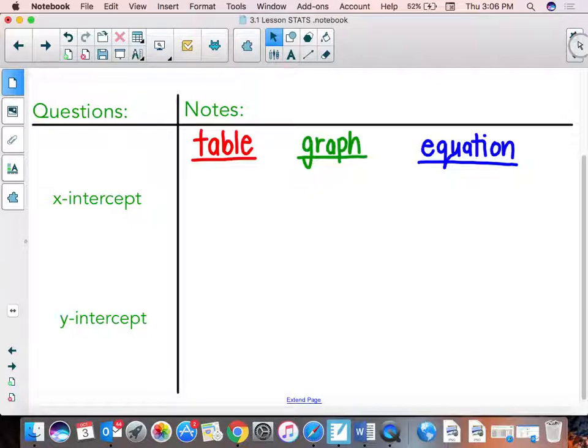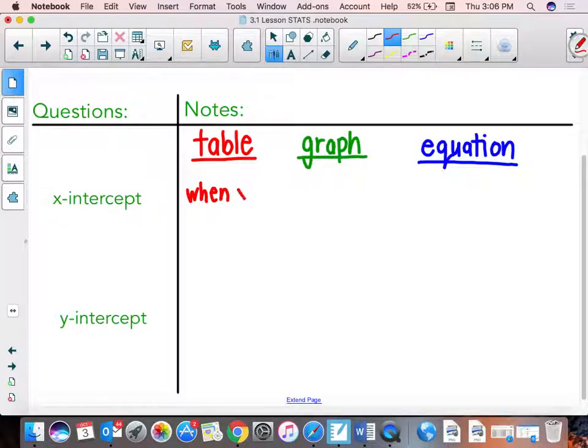So if you have a table, your x-intercept is when y equals 0. In a table, your y-intercept is when x equals 0.